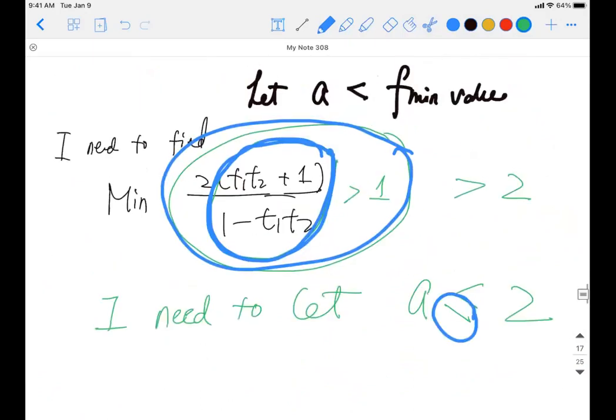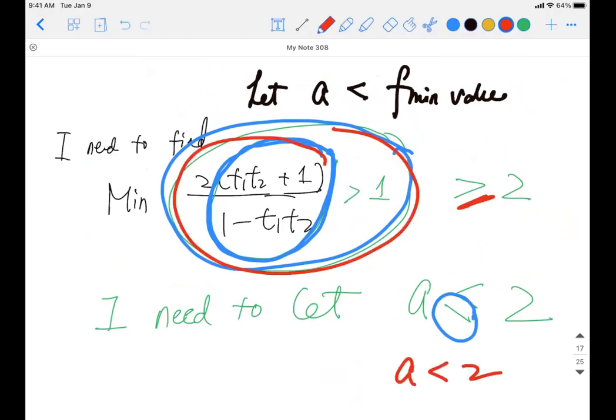If this expression can reach 2, then A must be less than 2. If it cannot reach 2, then A can reach 2. This is not super important if you cannot really follow it. That's not a big deal. It's some boundary condition. So this is actually the solution for this problem.